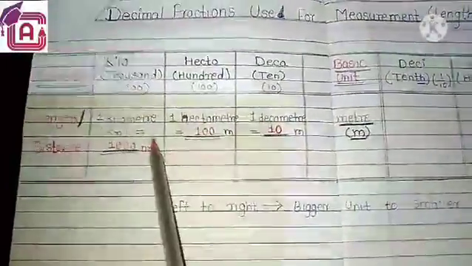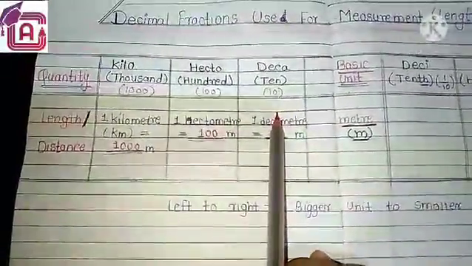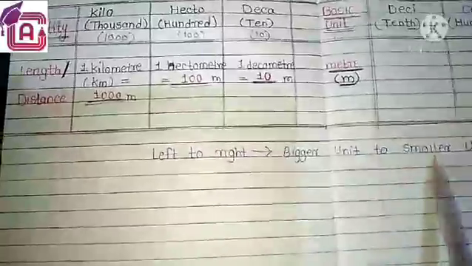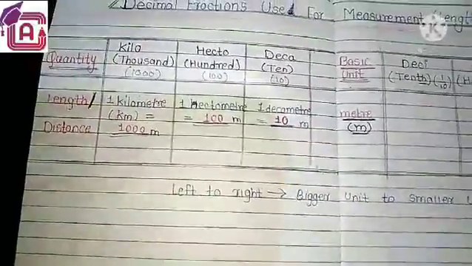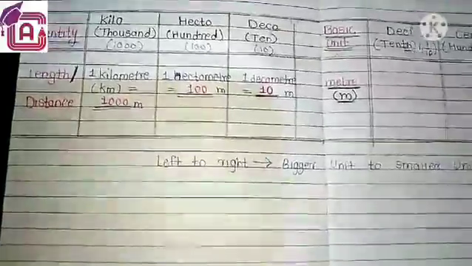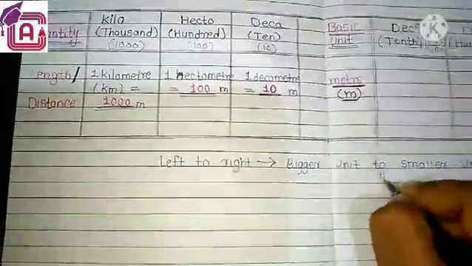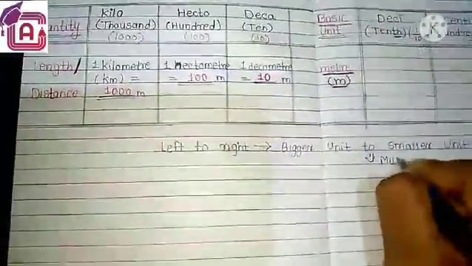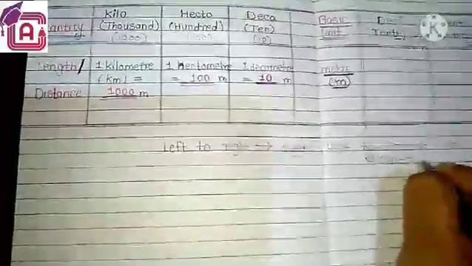Now kilo, hecto and deca, when you are going from bigger to the smaller, you have to perform operation of multiply. You have to perform operation of which? Multiply.